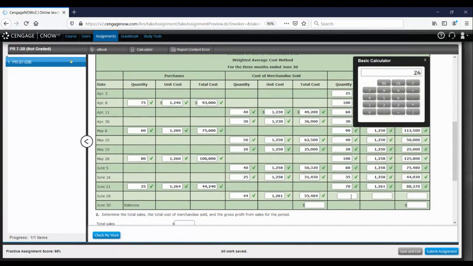That means we have 26 units left in inventory at $12.61. So I'm going to multiply my 26 units times $12.61, and that's going to give me 32,786.